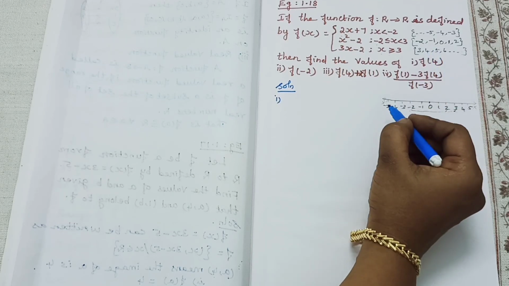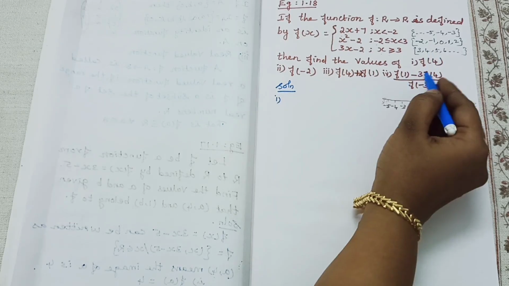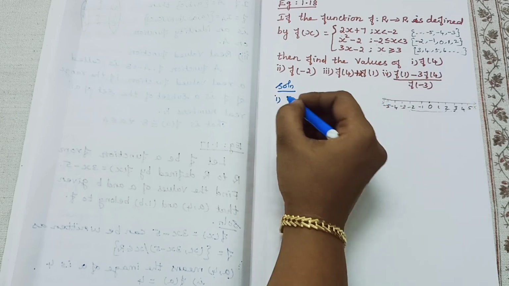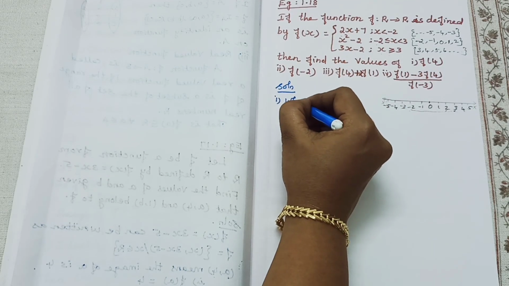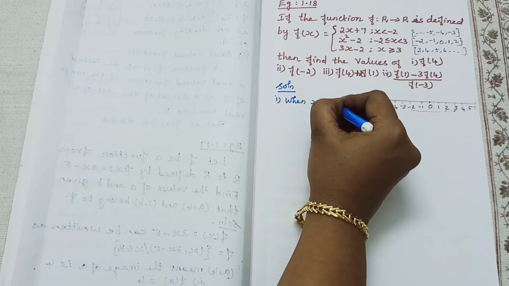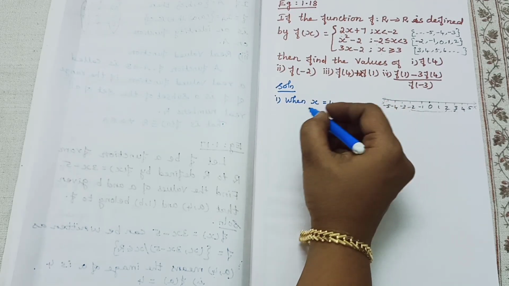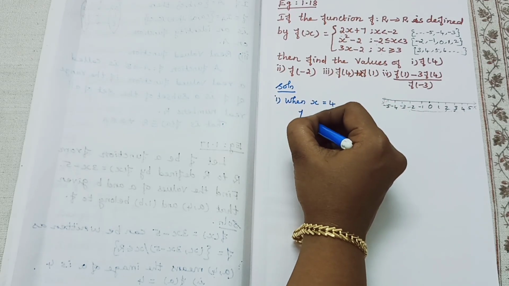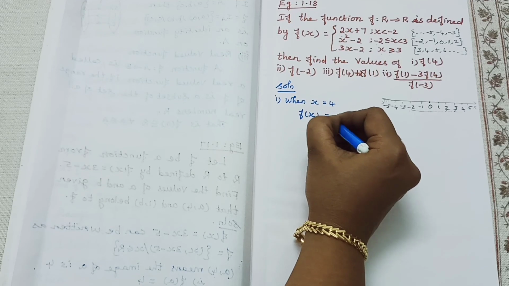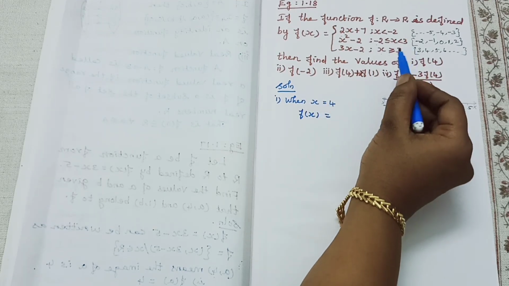This condition we have to take. Here x equal to 4 is given. So where is 4 available? In the third interval. So we have to choose f of x is equal to 3x minus 2.